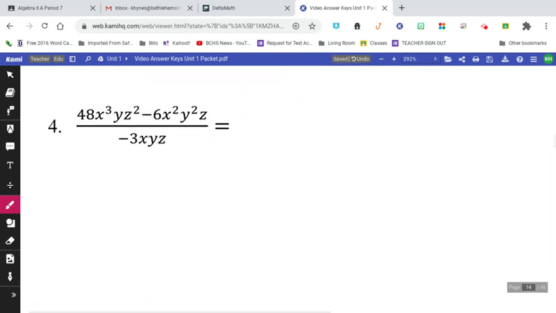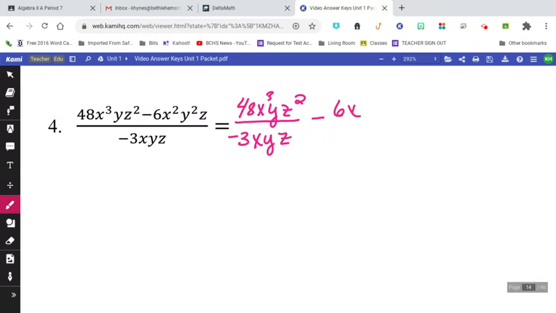Okay, and our last example, number 4, is kind of similar. I think we went over a few of these with our distributive property. What I would do here is write this as 2 separate fractions. So 48x cubed yz squared over negative 3xyz. And then a second fraction, but obviously with the same denominator.